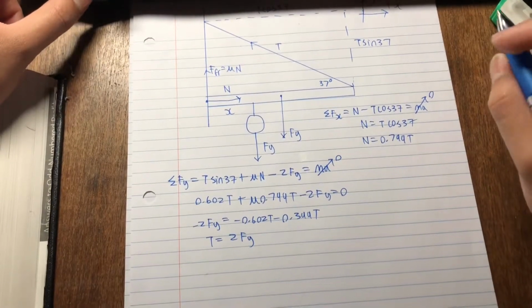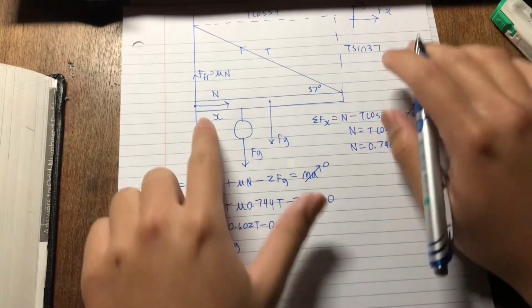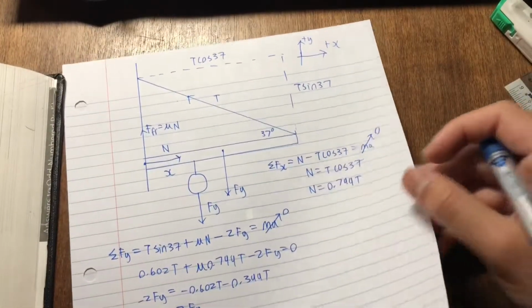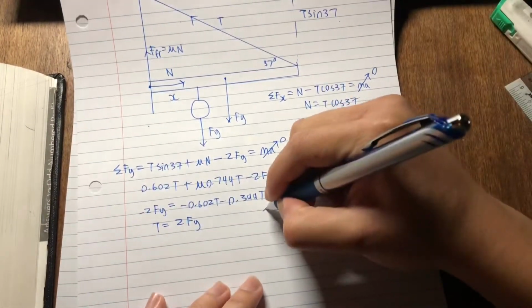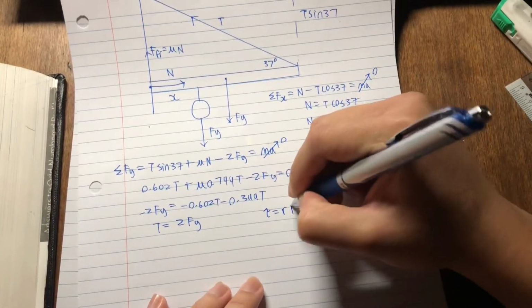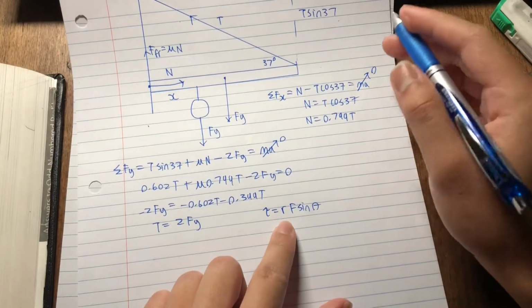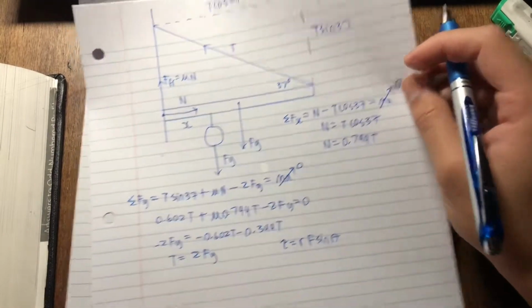You may be thinking now that this is not getting you anywhere. Since we are trying to solve for this distance x, we need to think of a formula that incorporates a distance from the center of mass or that kind of thing. And that's going to be torque, which is rF sine theta. And the r is the key. So the key to solving this problem will be summing up your torques and solving for that r.